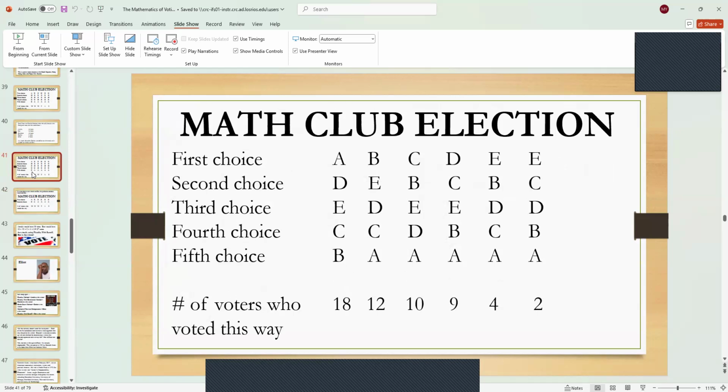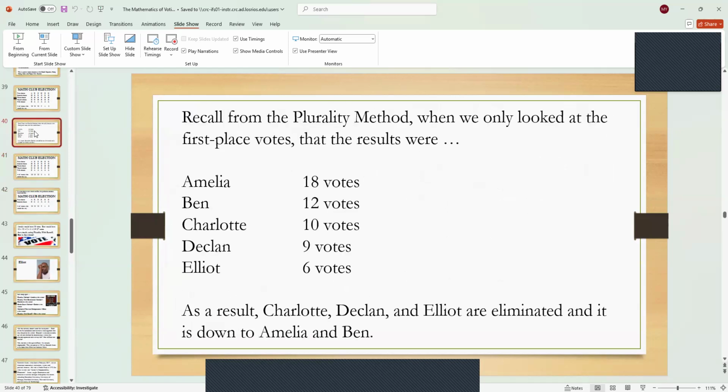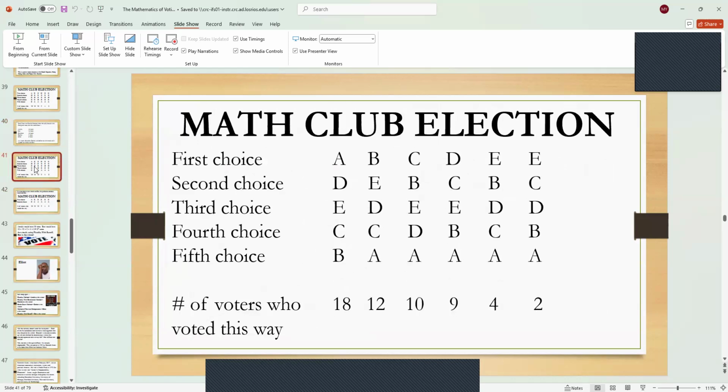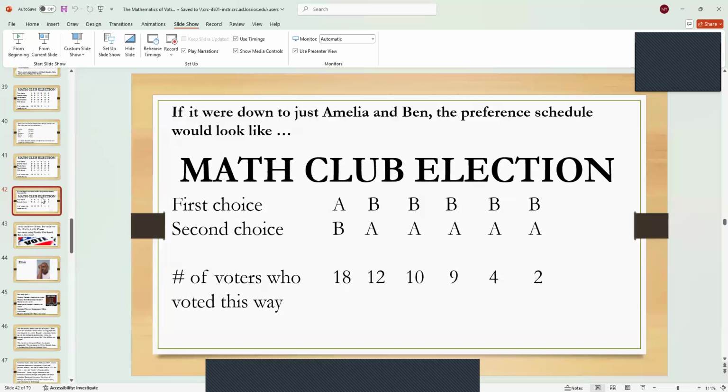We're kicking out Charlotte, Declan, and Elliot because in plurality with runoff, we're only supposed to keep the top 2. We have to get rid of the bottom 3 in this case. Imagine this preference schedule with all of the C's, D's, and E's erased, and everybody's bumped up now, so there's only 2 rows. It would look like this.